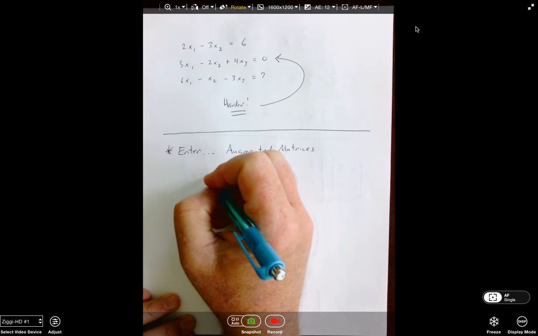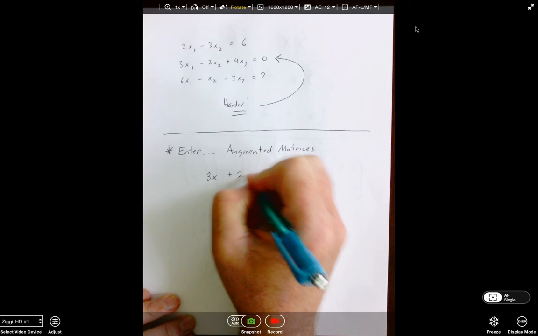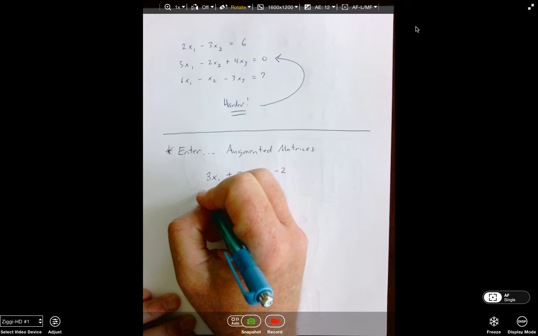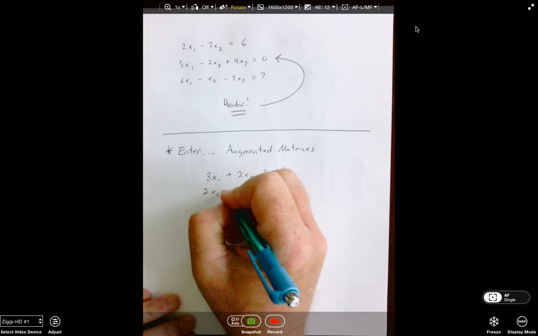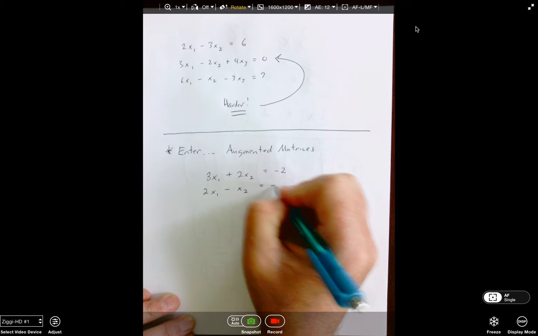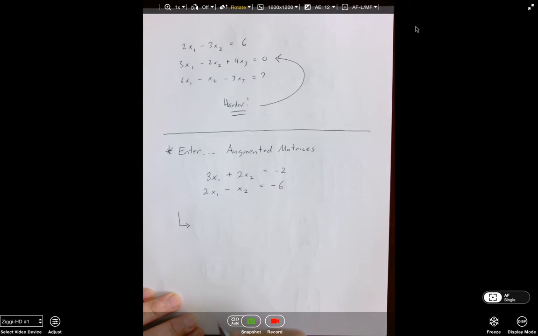So let's revisit the 3x1 plus 2x2 equals negative 2. And then we had 2x1 minus x2 equals negative 6. The augmented matrix for this is going to include all the coefficients.